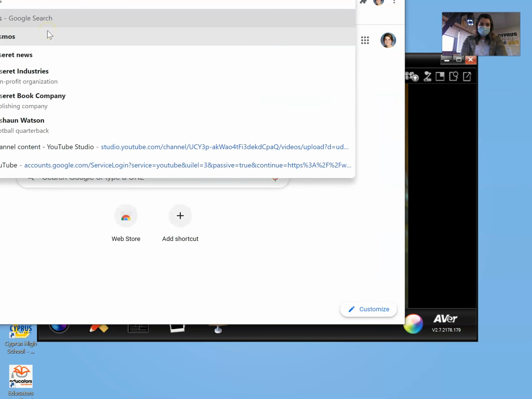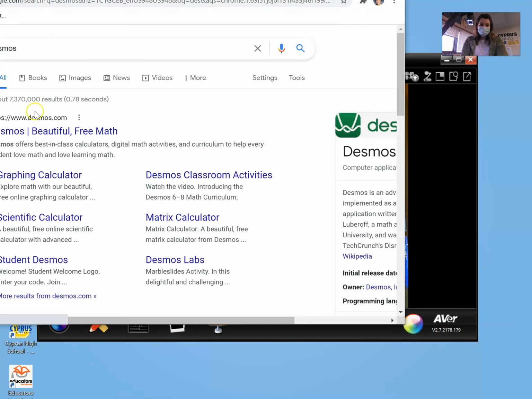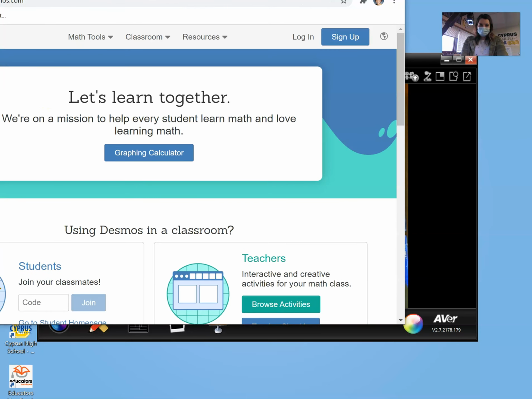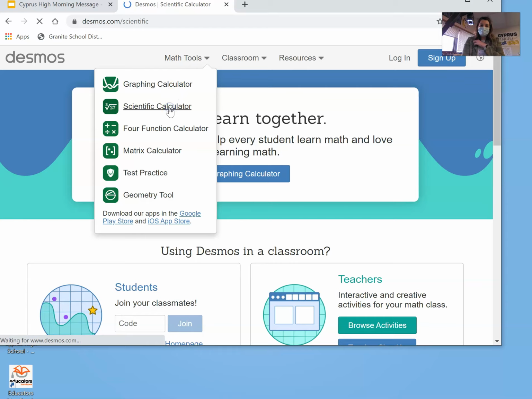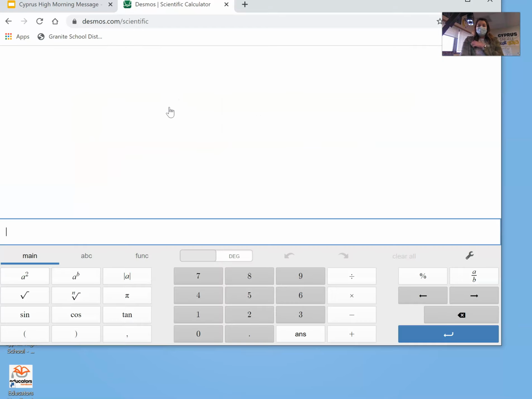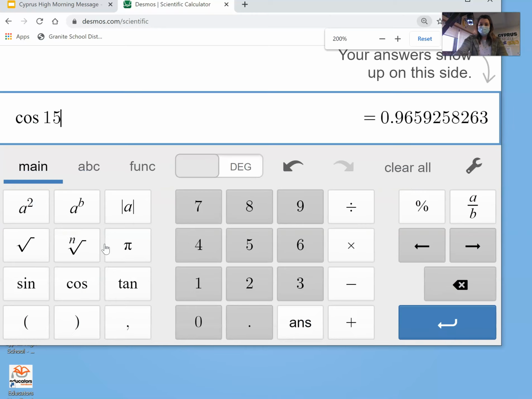Hopefully you're already there. Okay, so I'm going to choose the scientific calculator. And then luckily, all we need to do is type in COS for cosine, 15, and that's going to give us the decimal.